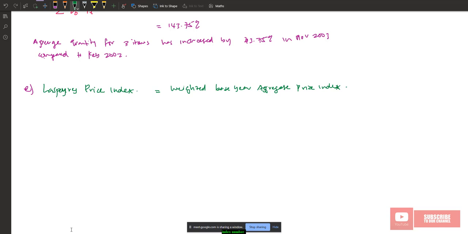So the formula for Laspeyres is summation of PT multiplied with Q naught. So you need to understand Laspeyres utilizes the weight of the base year, right? Divide by summation of P naught multiplied with Q naught, multiplied with 100%, right?